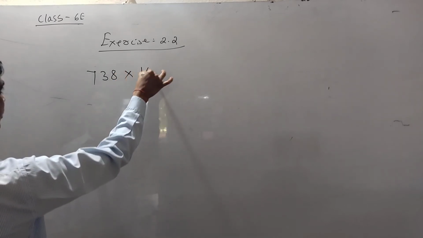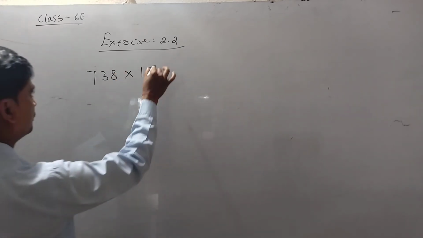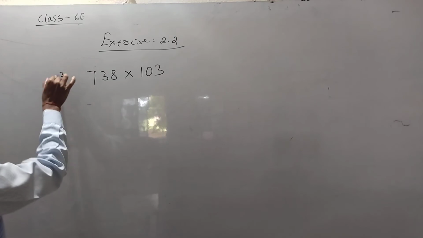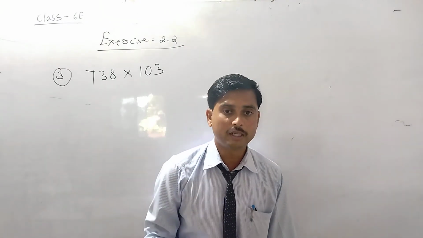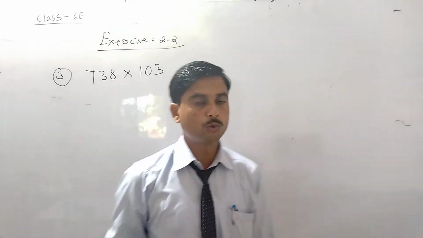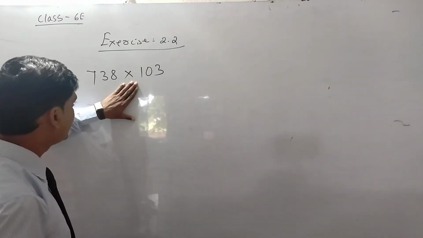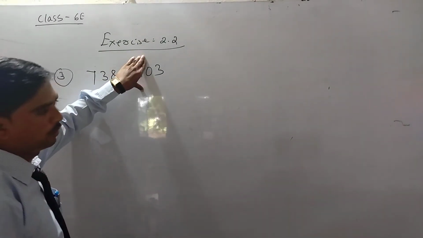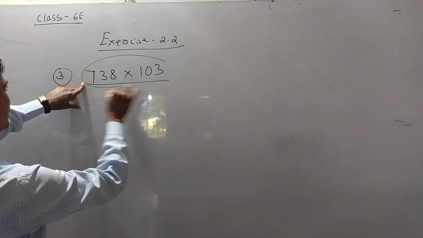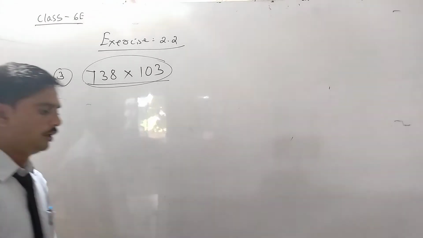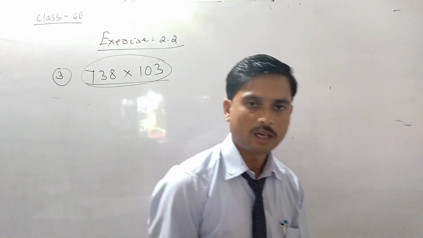738 multiplication 103. Which property is suitable for this problem? Okay. First of all, when this is given you should observe it, the distributive property is applying, sir.